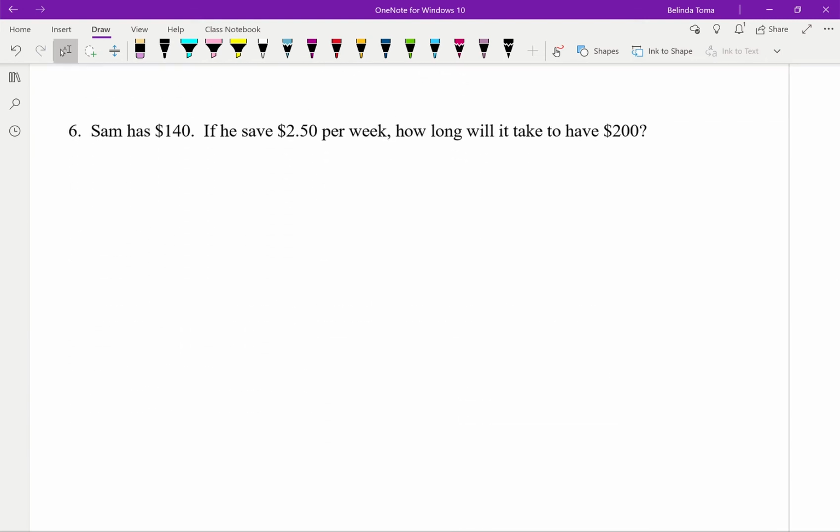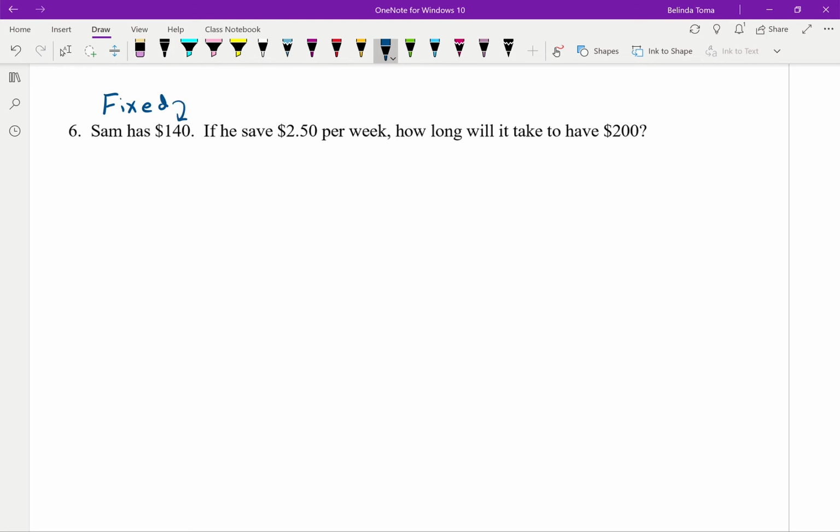Okay, now we're ready for number 6. So Sam has $140. If he saves $2.50 per week, how long will it take to have $200? So I sometimes refer to these as a fixed plus variable because it says that Sam has $140.